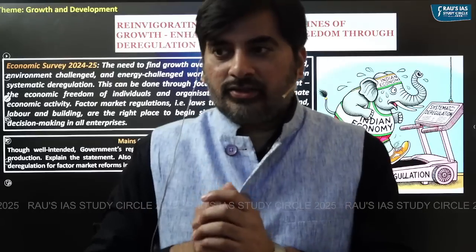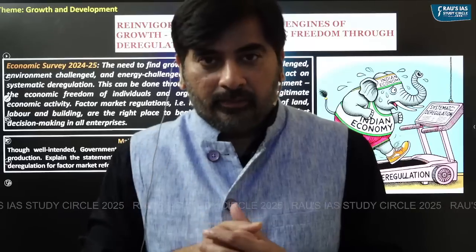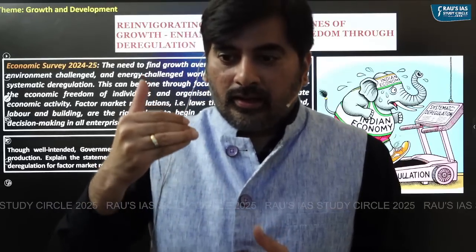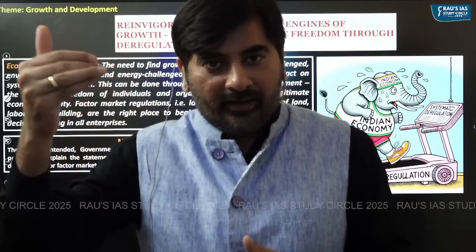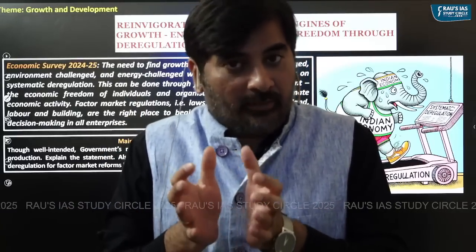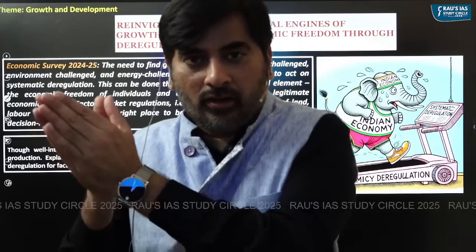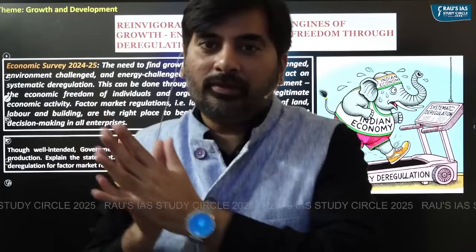These rules and regulations are laid down in order to protect the interest of labor. They are laid on in order to protect the interest of environment. So obviously the intention of the government is undoubtedly good, to protect the welfare of certain sections of people.